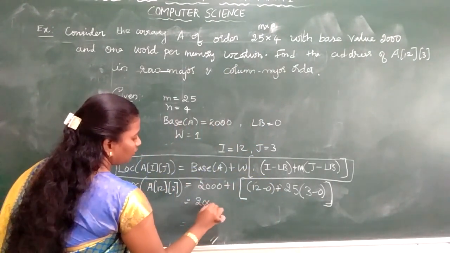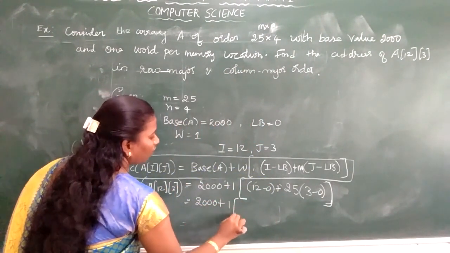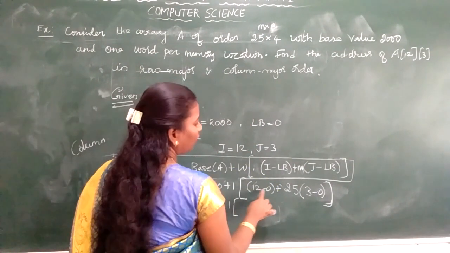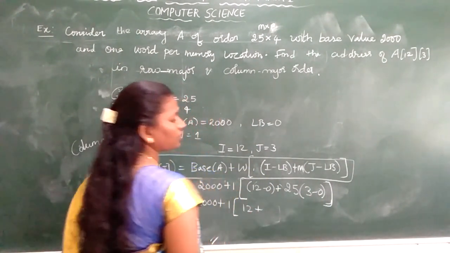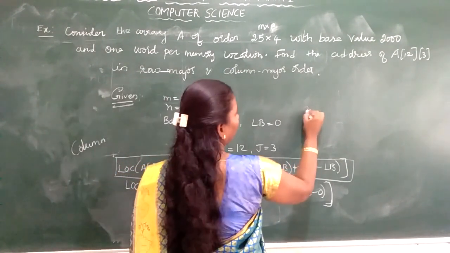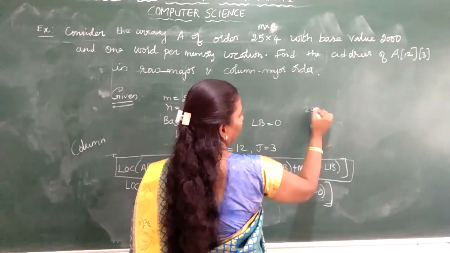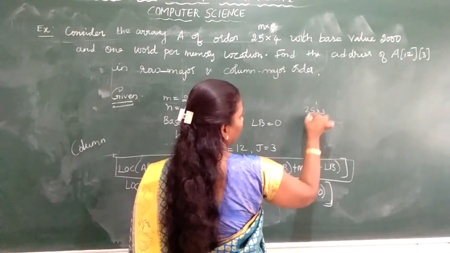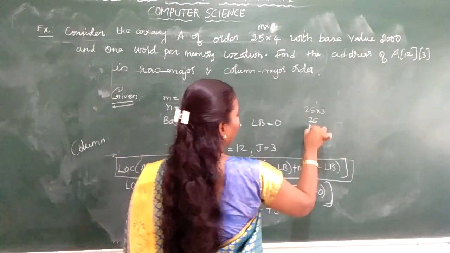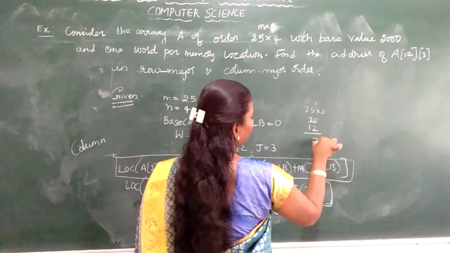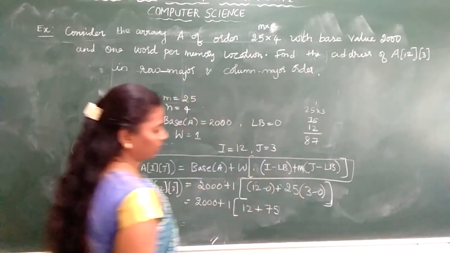So 2000 as it is plus we solve inside the bracket. What is 12 minus 0 is 12 plus 3 minus 0 is 3 only. What is 25 into 3? 3 5s are 15. 3 2s are 6, 75. So we have 75. 75 plus 12 how much? 87.